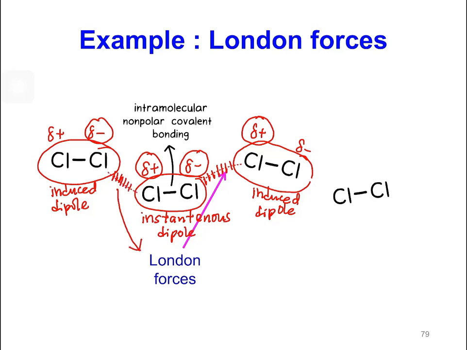Eventually, all the chlorine molecules will be attracted to each other by London forces if they are close to each other. Okay, now let's move on to the other example.